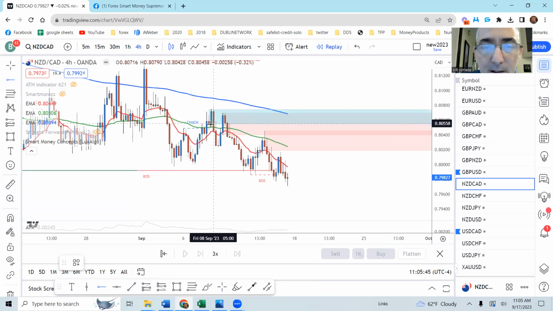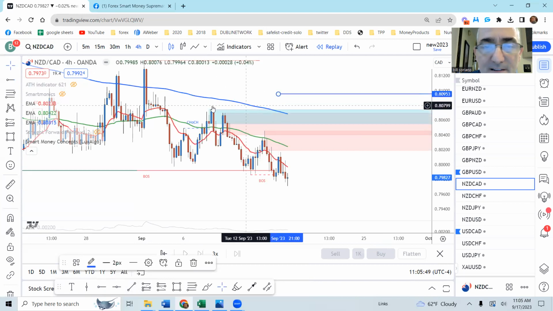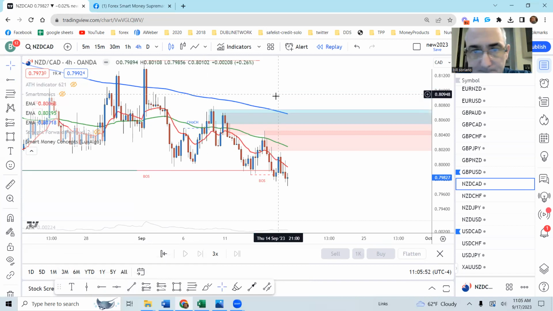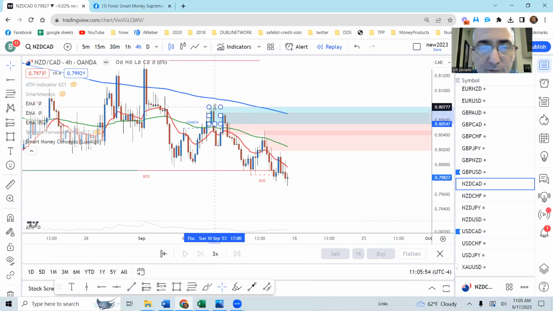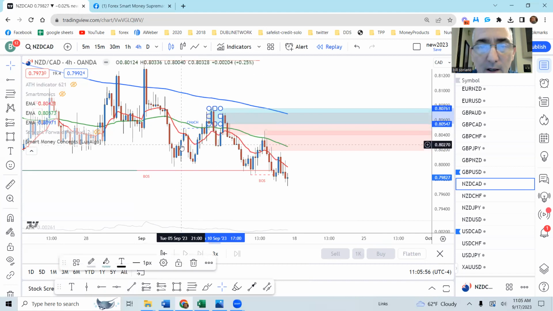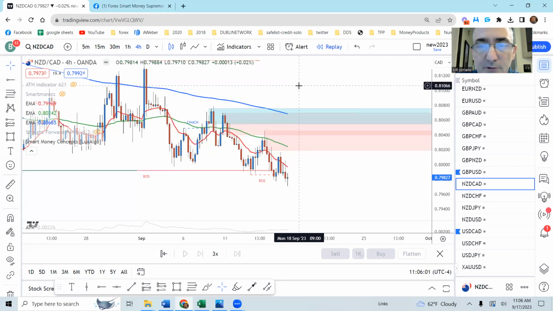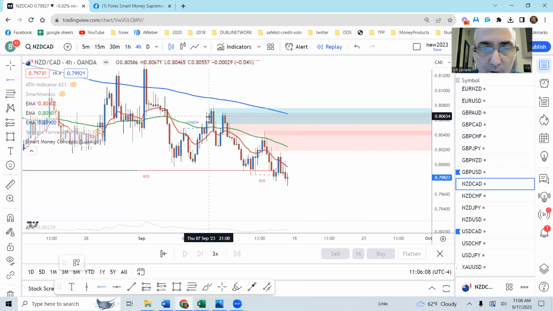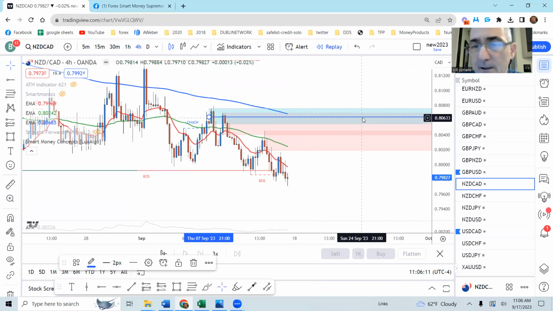Okay. This doesn't happen a lot, guys, but if you're going to put the point of interest there and there's no imbalance there, then the other thing you could do is use 50% of the order block. So you could put your point of interest just a little bit higher up in that order block.